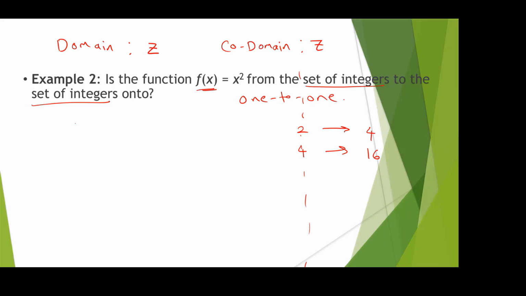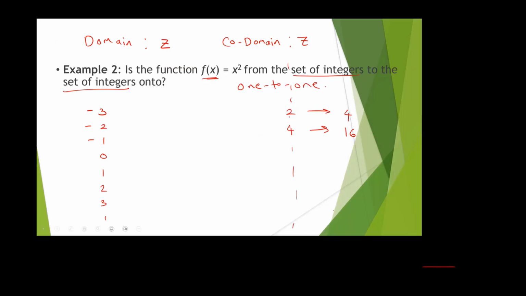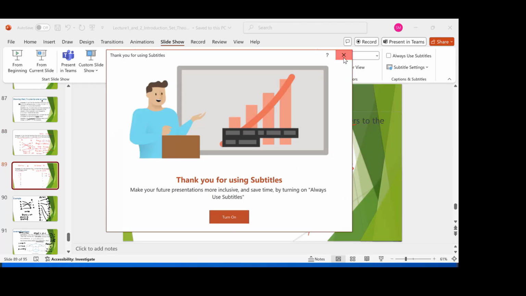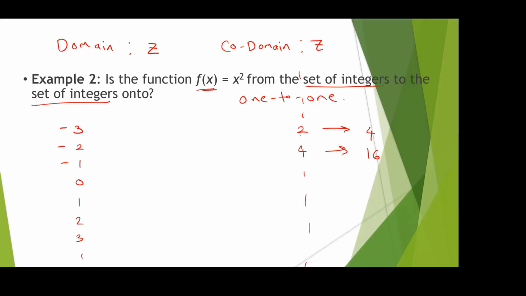So let's write here and see how it will look. Since it is all positive and negative integers, there will be many more integers. Inside the domain, we will have many negative numbers.